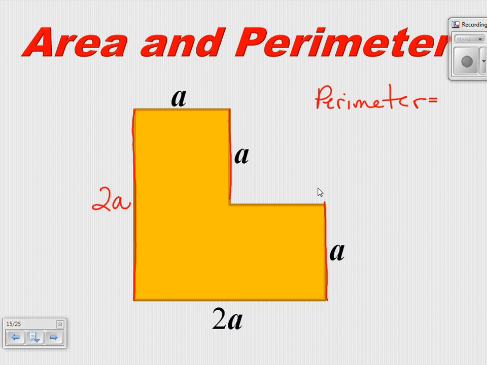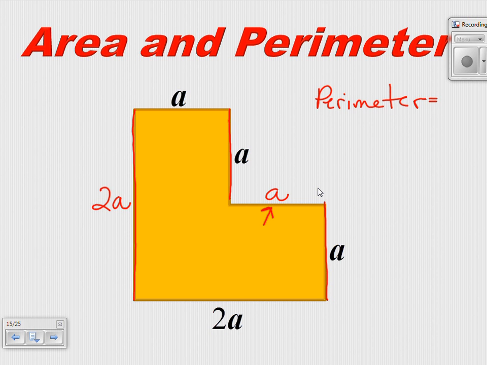And the answer to that is yes. How would I be able to figure out the measurement of that missing side? Well, if I know that the bottom is 2A, the very top is A, what would add up to A to be 2A in the bottom? And the answer to that would be another A.